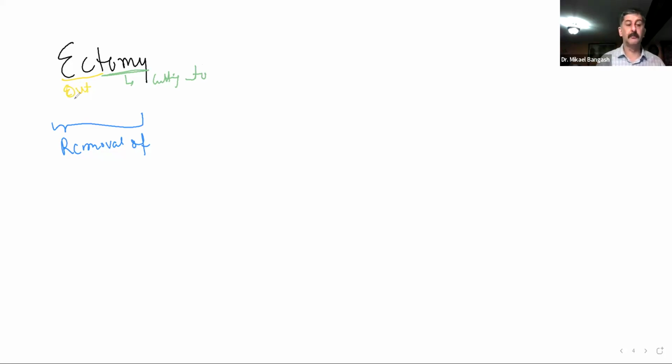So cutting out. Ectomy will just mean to cut out, and something which is cut out is removed. Now just think of things that you can remove.